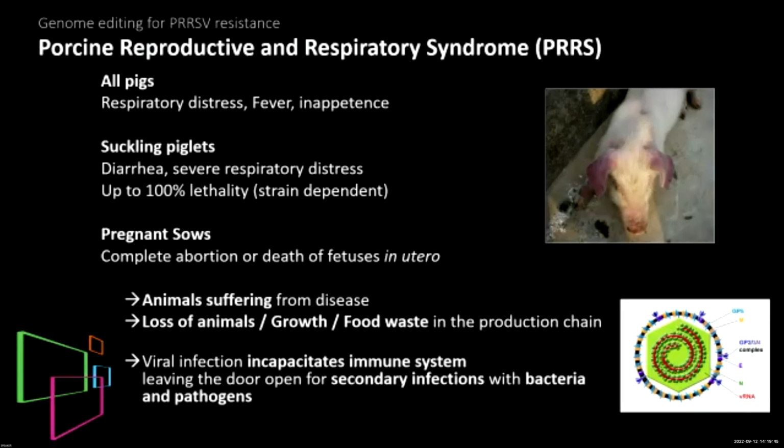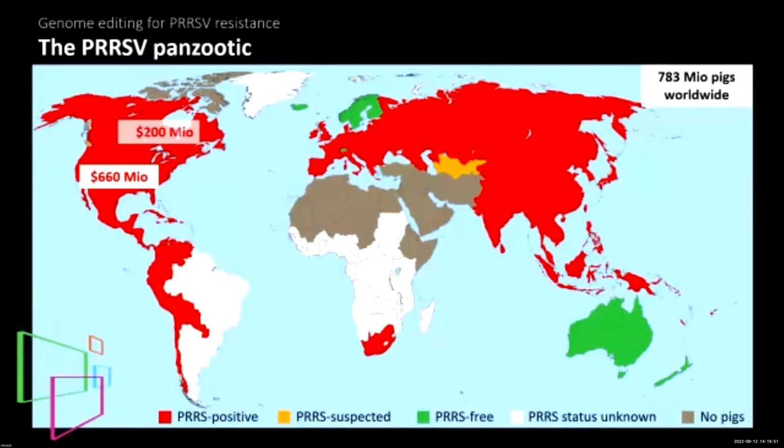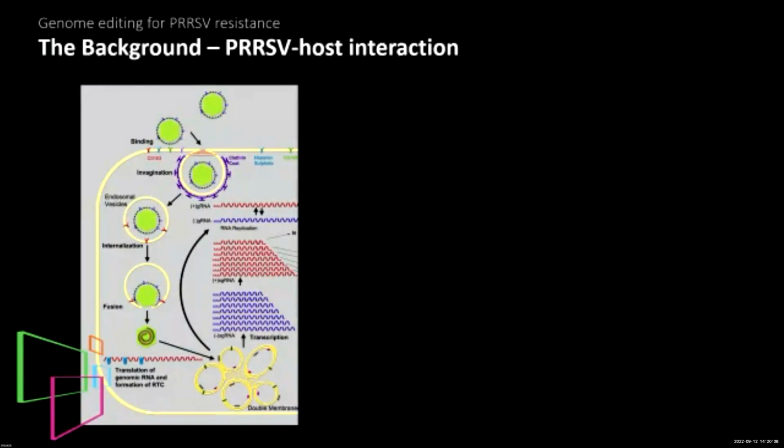So the secondary bacterial and pathogen infections are absolutely important for this disease. It is a global problem. It's a panzootic that costs us billions of dollars around the globe. And until the recent outbreak of African swine fever, this was the one to beat for the pork industry.